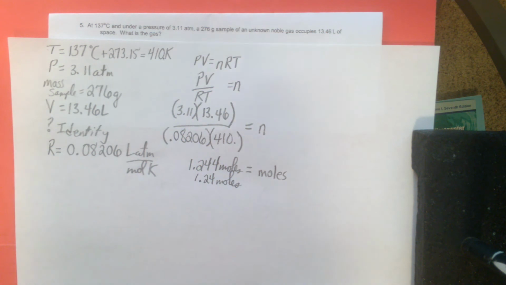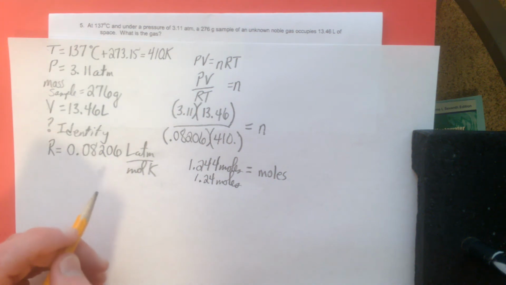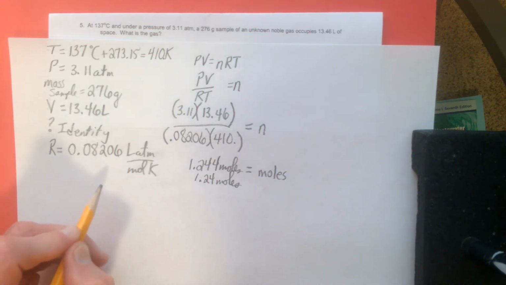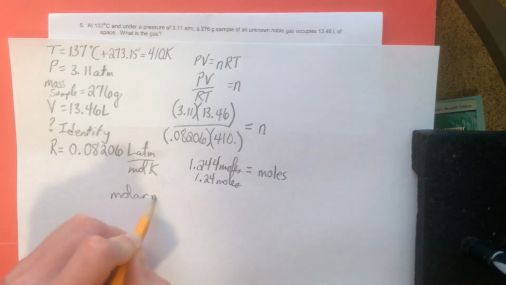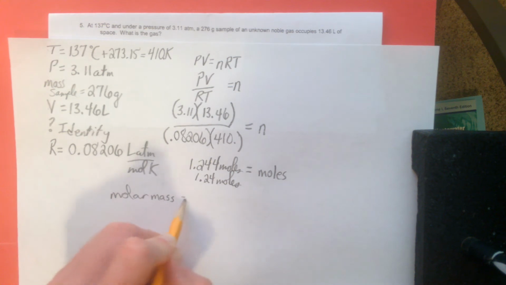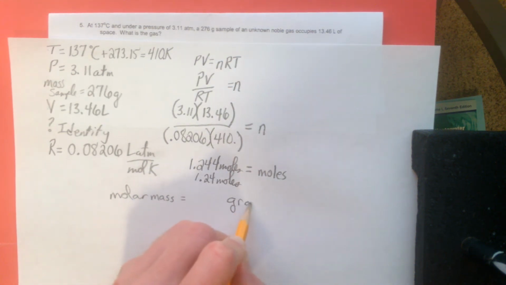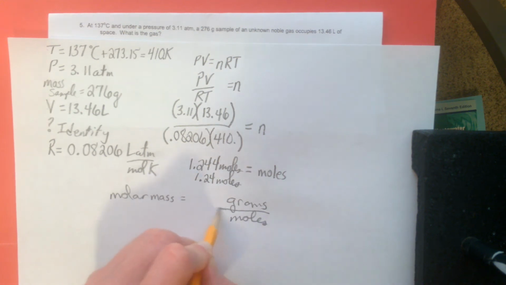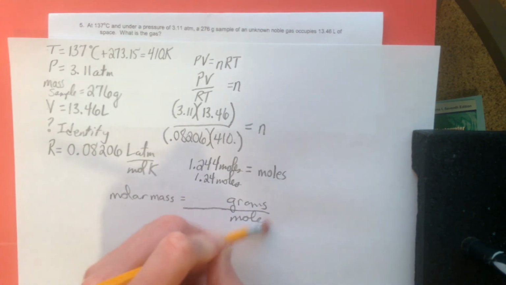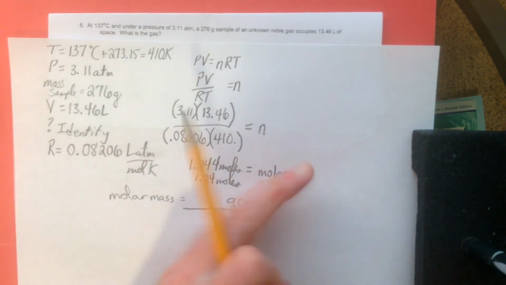Now our question here was, what is the identity of it? Who is this gas? Well, what do we know about molar masses of gases? We know that a molar mass has units of grams per mole. That's the unit on any molar mass.